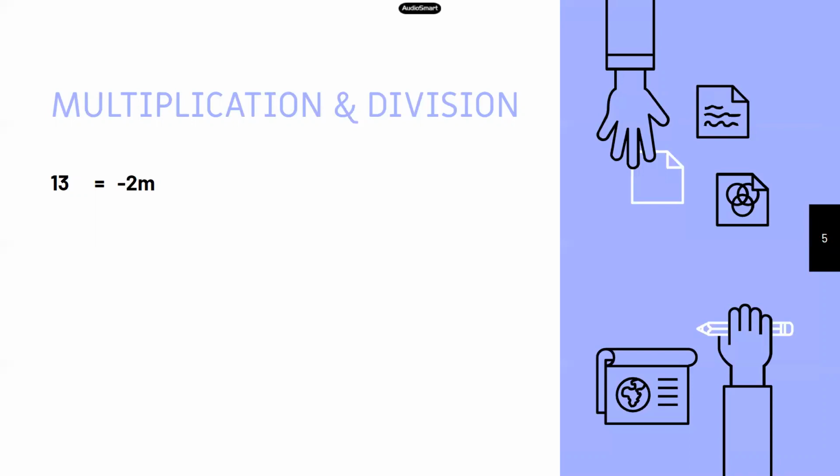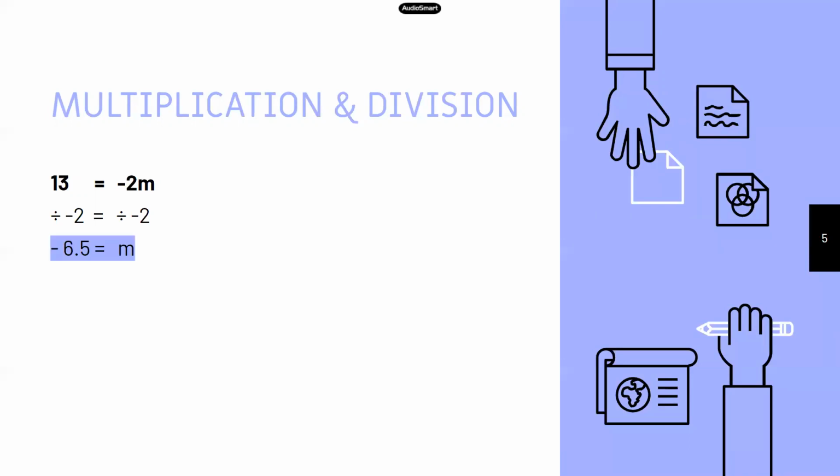So again, we need to make sure to isolate the variable just like we went over in rule number 2. So in order to do that, we're going to divide both sides of the equation by negative 2. This will make sure that the only thing left on the right side is m. And once we do that, we get on the left side 13 divided by negative 2, which is negative 6.5.